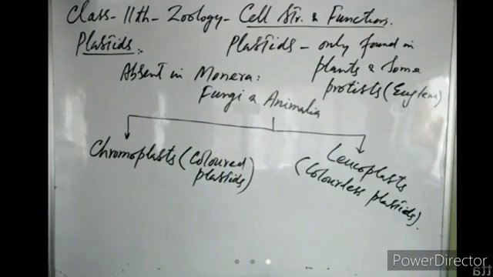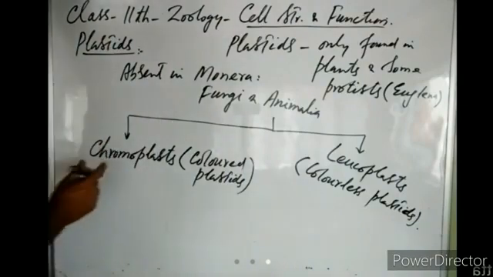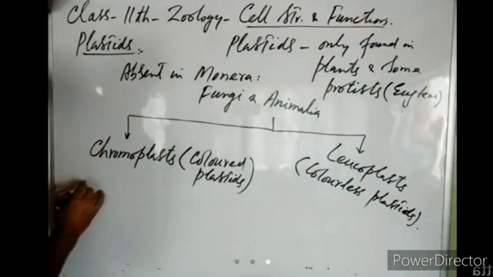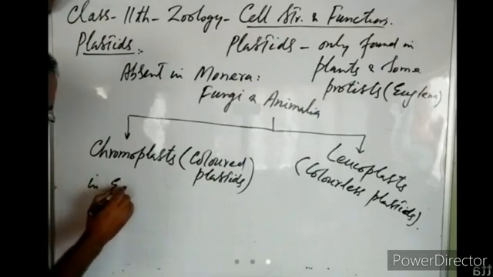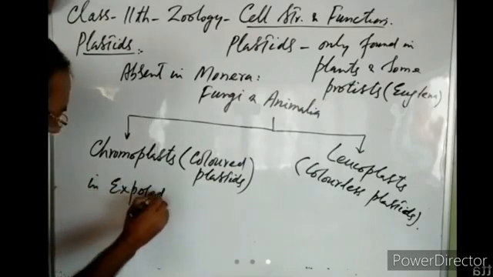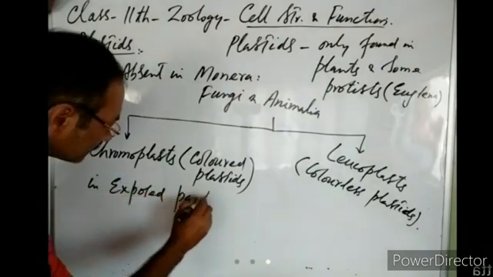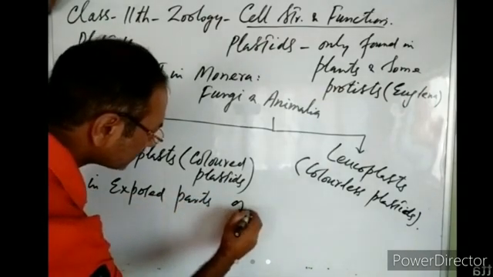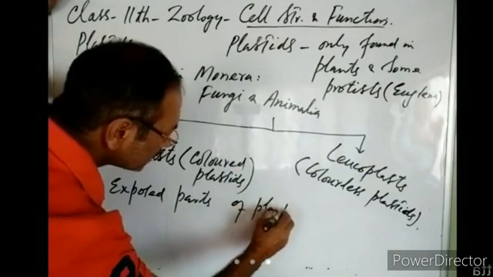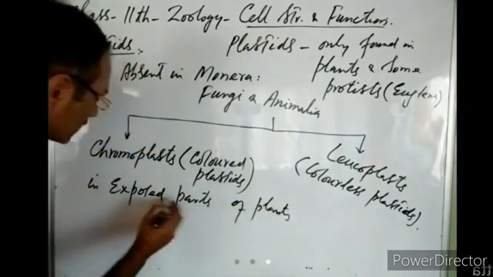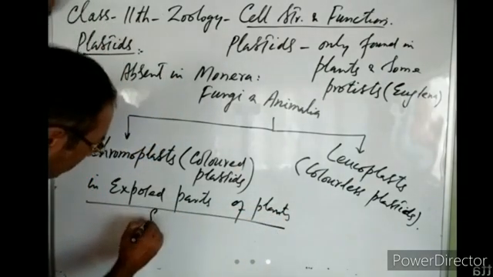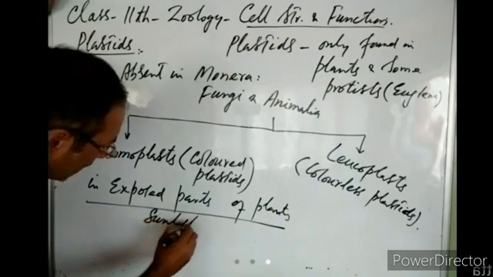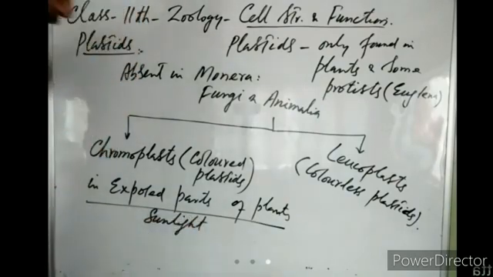So where do we find these chromoplasts? They are found in those parts of plants which are directly exposed to sunlight.